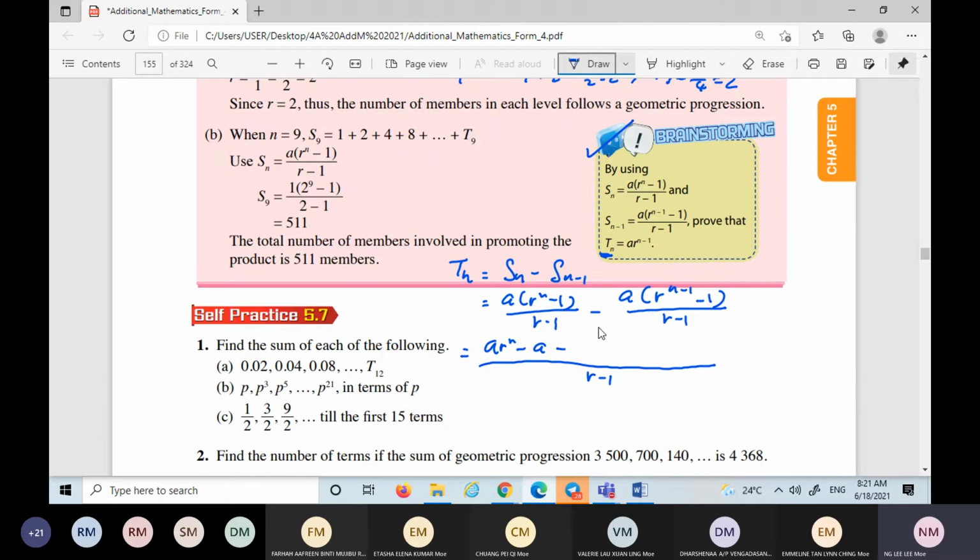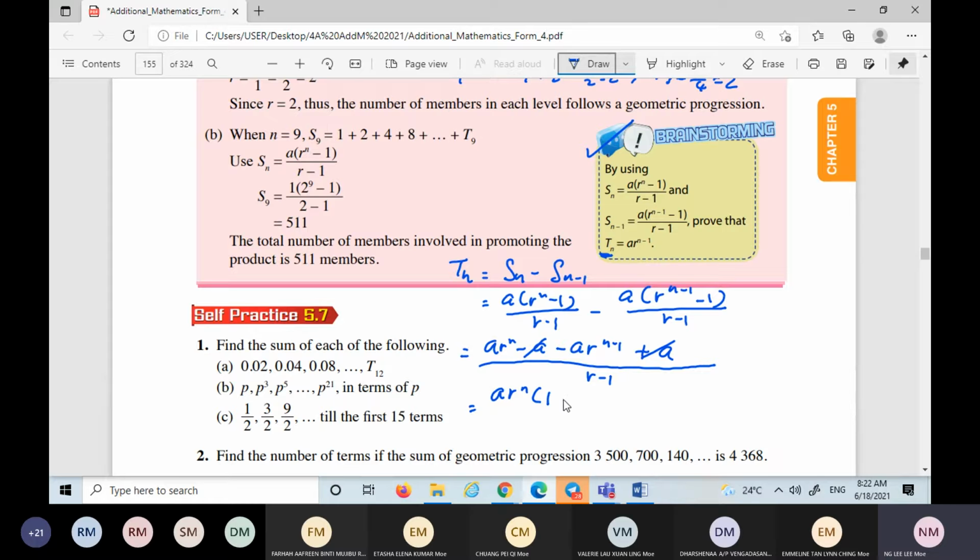Be careful, this negative will bring the effect to these two. Negative becomes positive, and then a. So next step will be this and this, minus a and plus a. Then I have to try to factor out. Here I can factor out a r power n, maybe.